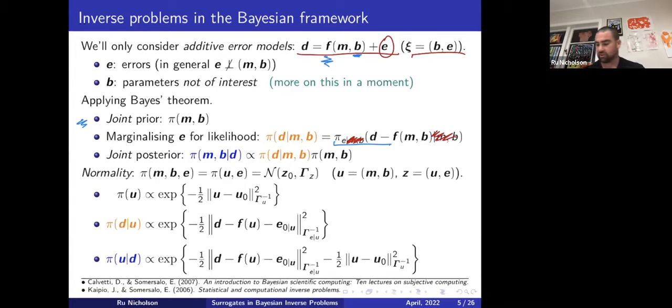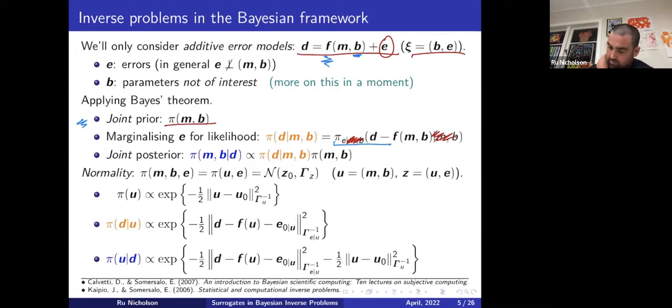So not necessarily normally, but assuming normality, here we're going to assume that for simplicity, really, that the prior on these parameters is normal, and that the assumed distribution on the noise is also normal, right?